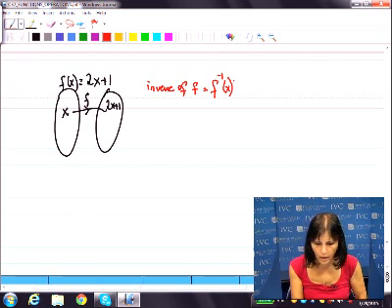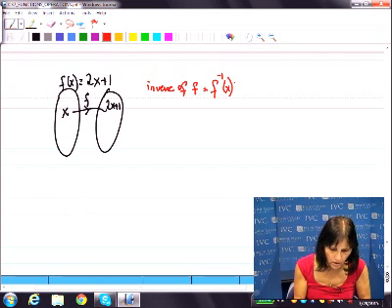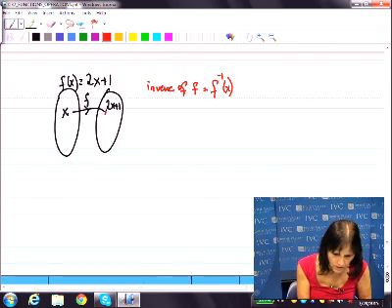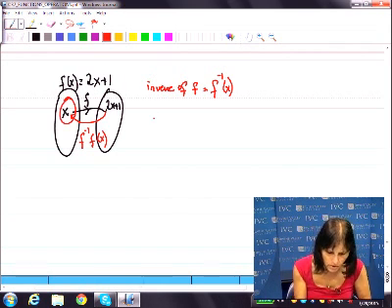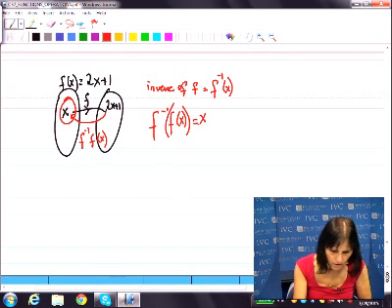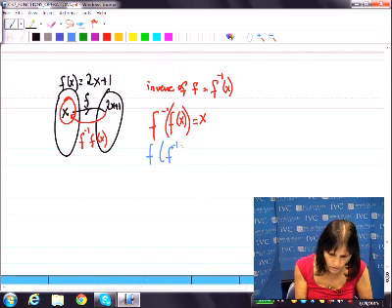Don't put that -1 above the x. So in other words, you take the inverse of that. So f inverse of f of x, you end up with where you started. So here's the definition: f inverse of f of x is x. By the same token, f of f inverse of x is x.